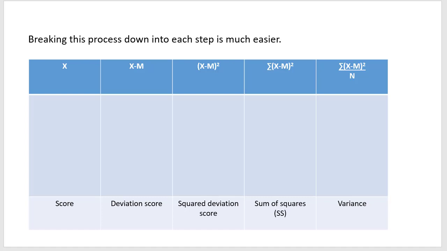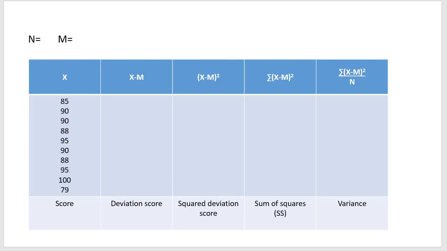The next step is to find the average squared distance from the mean, and we do that by taking our sum of squares and dividing it by n. We take each squared deviation score, add them together, and then divide that by n.